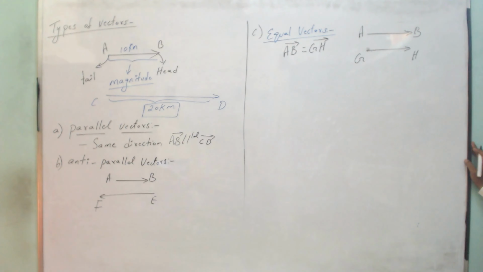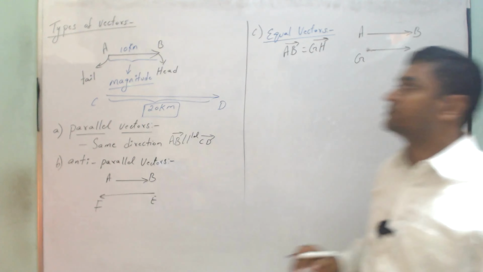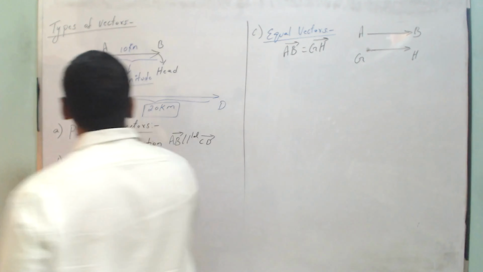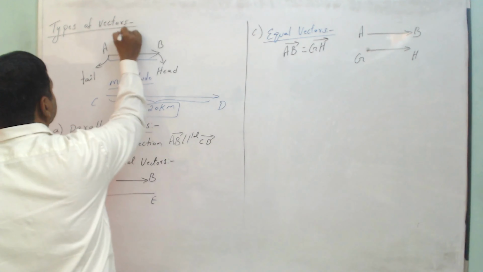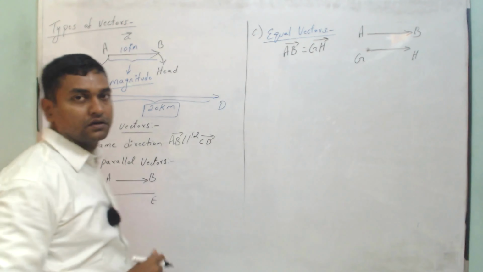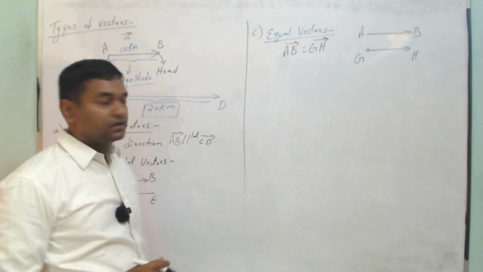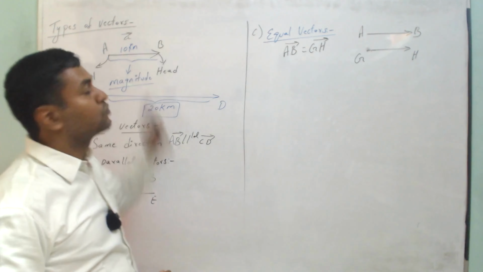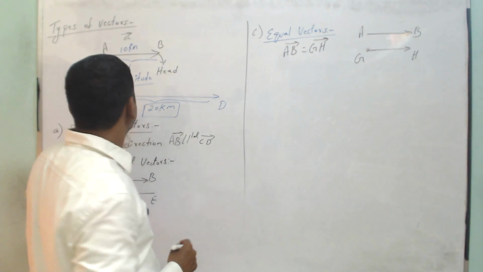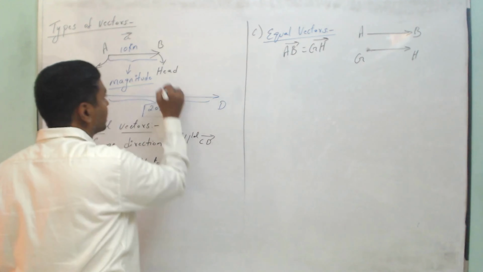Now we can also represent a vector with small alphabet. Okay, let's say a bar. ठीक है. If this is a vector small a bar, then I can treat this vector as 2a bar.